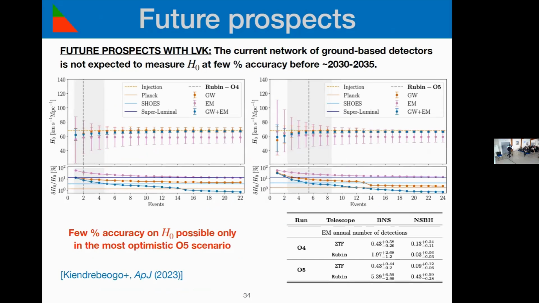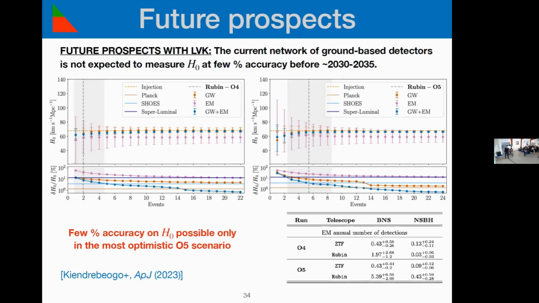Okay, I found this paper. I think Weizmann is in the room. It was a nice analysis of what we can get in O4 and O5, also with counterparts and so on. And I think it's one of the most recent ones.